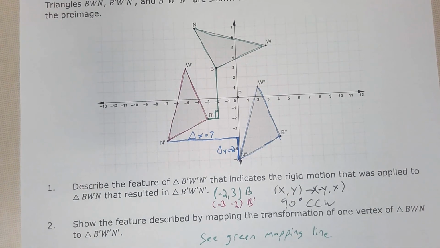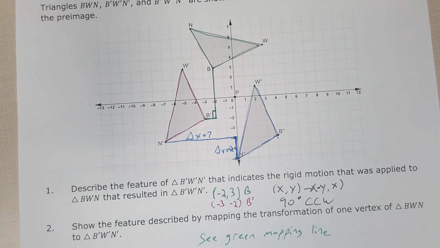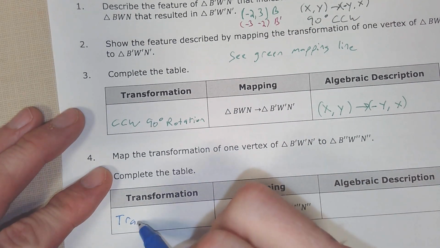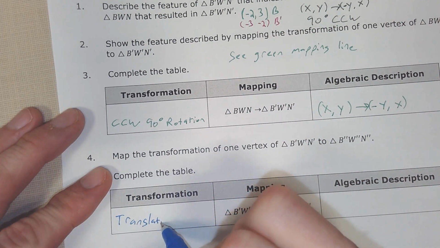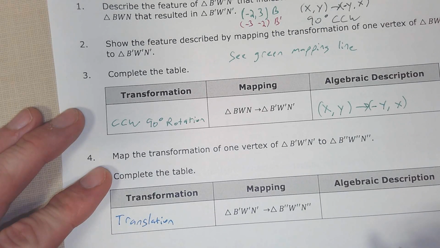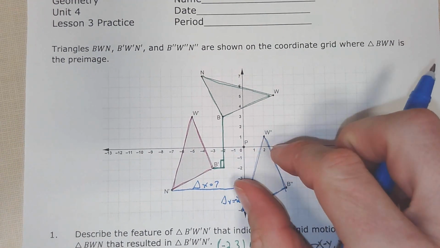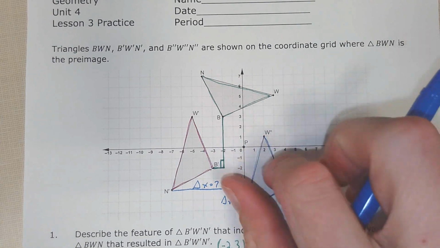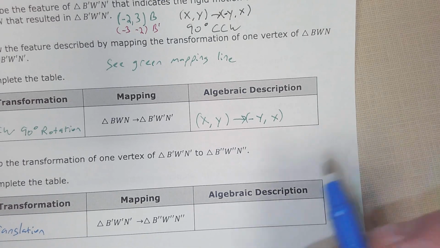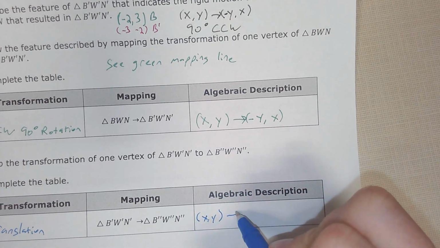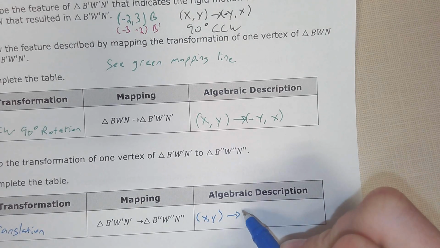So this is a translation. It's a translation because it did not change orientation. It didn't flip, it didn't rotate, it didn't spin or nothing. And remember, the algebraic description is going to be x comma y, like every algebraic description ever.